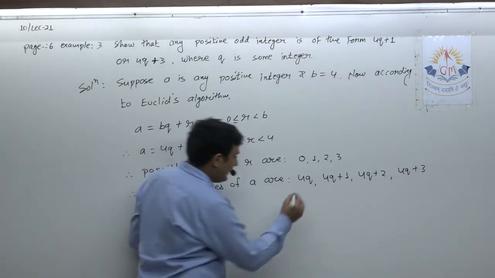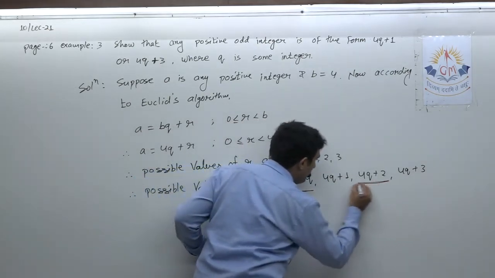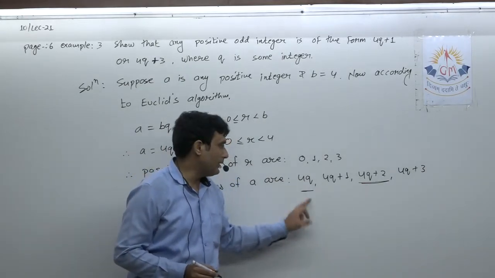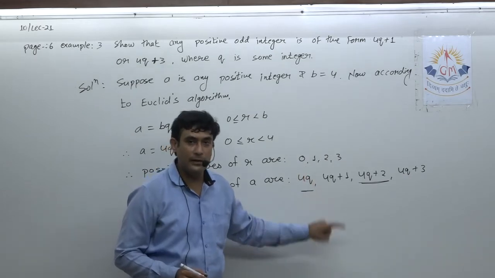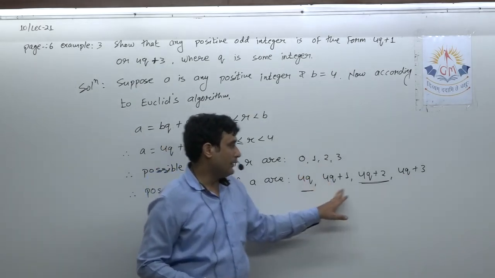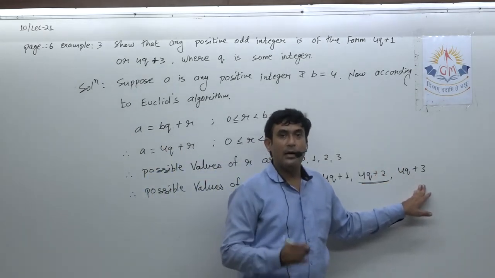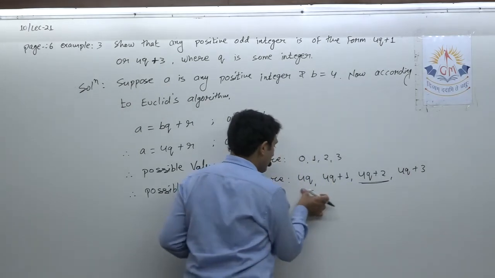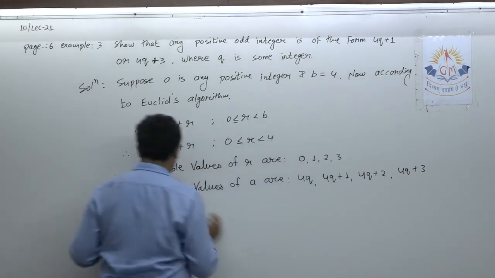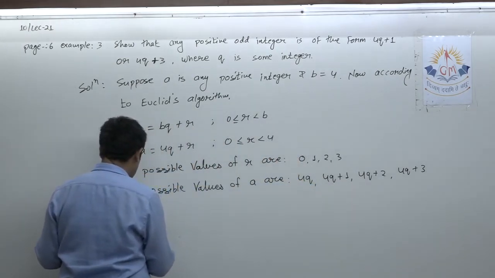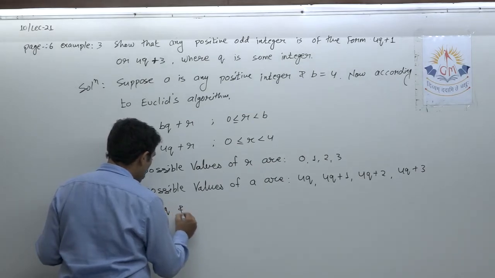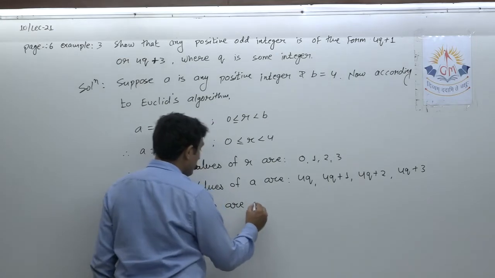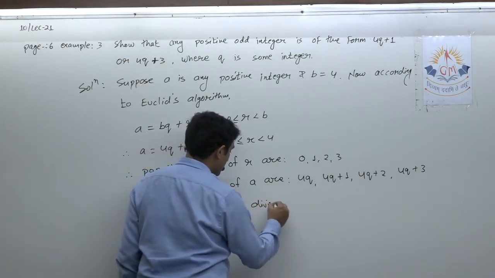Okay, now among these, 4q and 4q plus 2 are both divisible by 2, so we can say they are even numbers. And 4q plus 1 and 4q plus 3 are not divisible by 2, so they are odd.